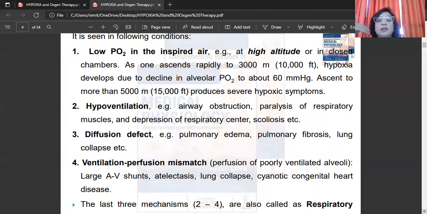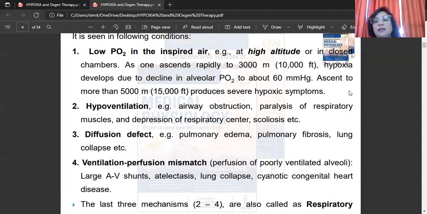It does not develop before this; up to this point we adapt. After 3,000 meters or 10,000 feet, then the hypoxia will develop. This is due to decline in the alveolar PO2, to about 60 millimeter mercury.